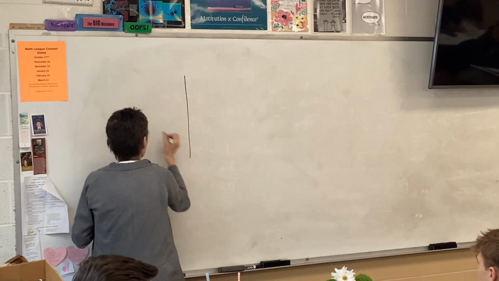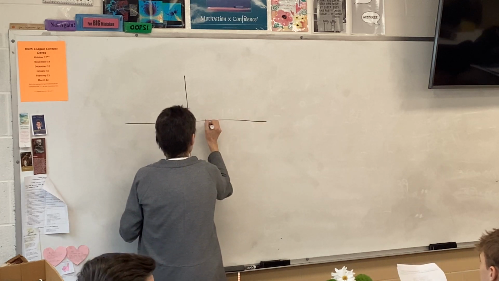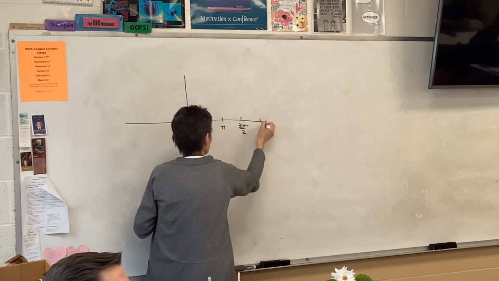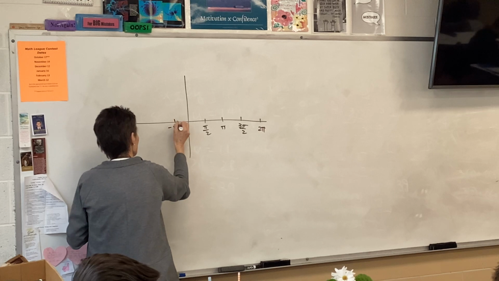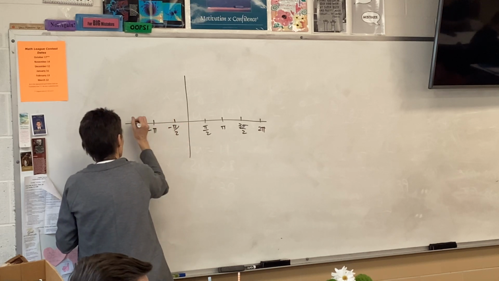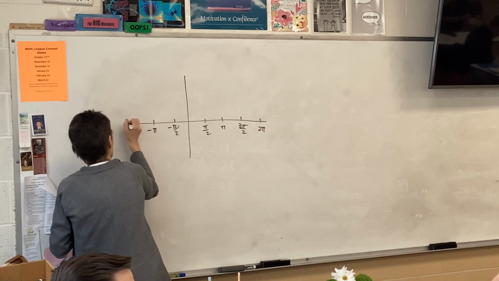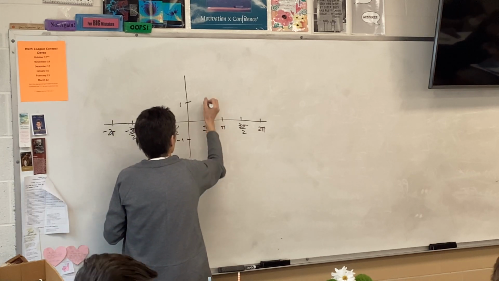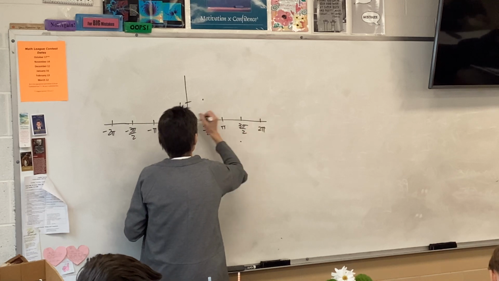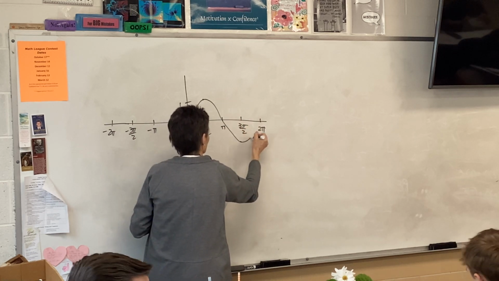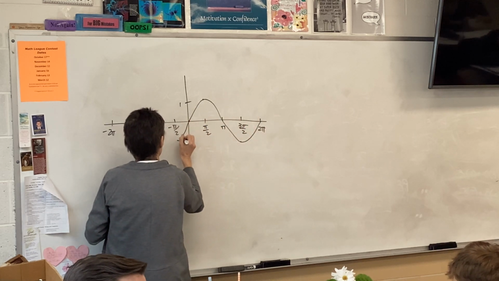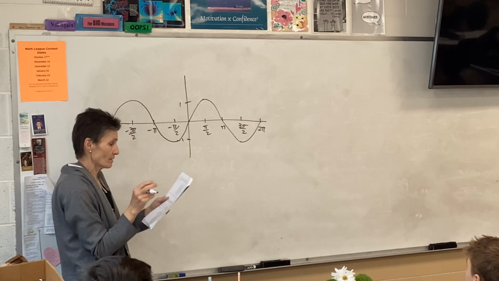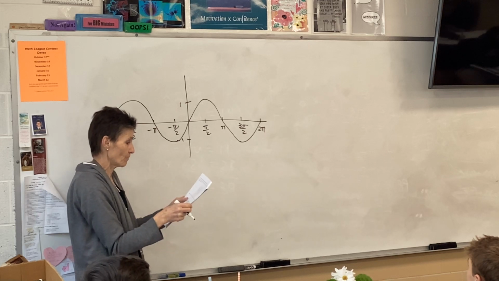He has graphed a beautiful little sine curve there for you, and he's actually graphed 2 periods of it. So there we go, a nice little sine curve. He's got it all there for you.